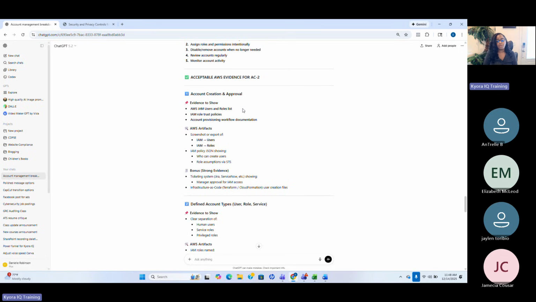So let's say I am a new employee at McDonald's and my manager has put in a ticket with the help desk, and McDonald's was probably a bad example because I don't know what you would do on a computer other than check out. But let's just say my manager put in a ticket with the help desk to onboard me as a new employee.